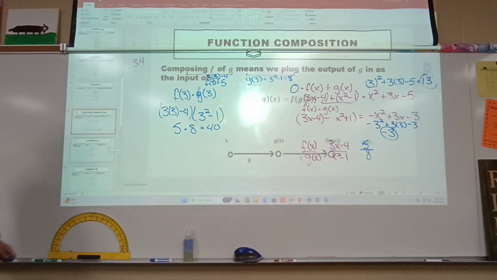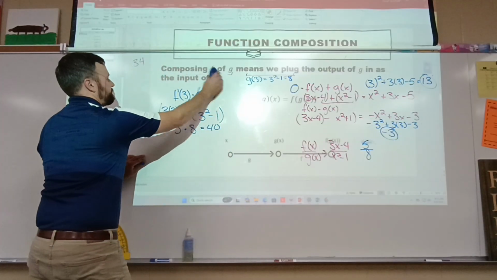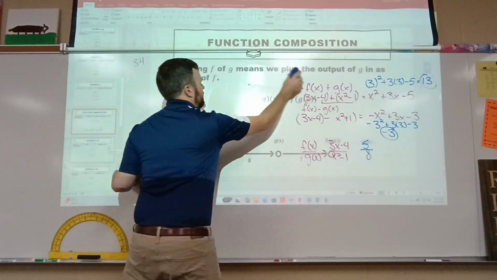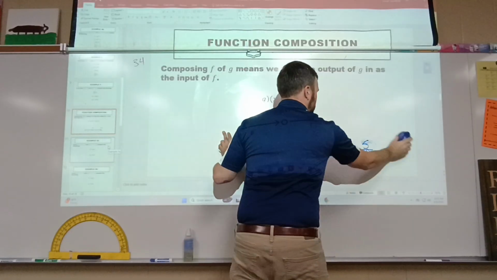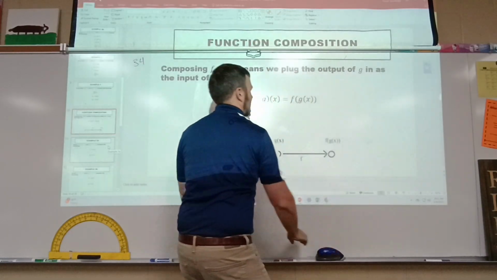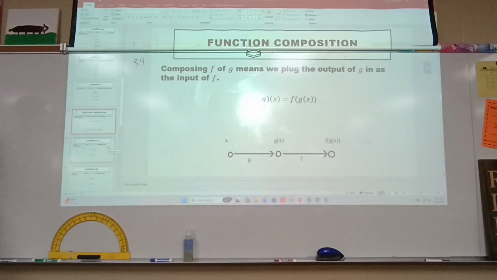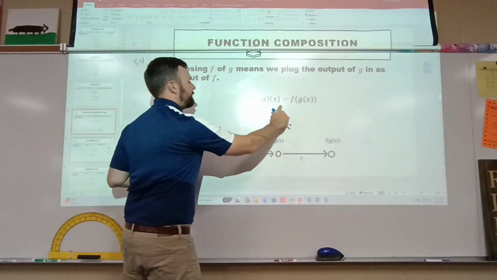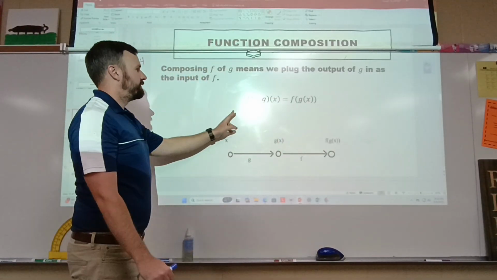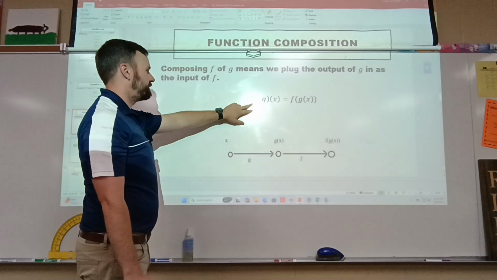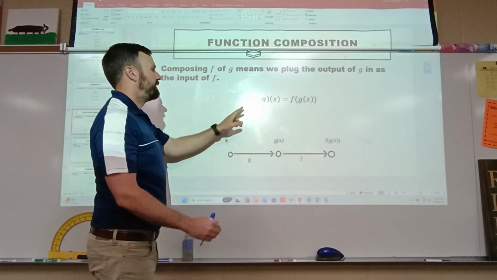There we go. So what's a composite of a function? A composite of a function is a function inside a function. It's functionception. f∘g.